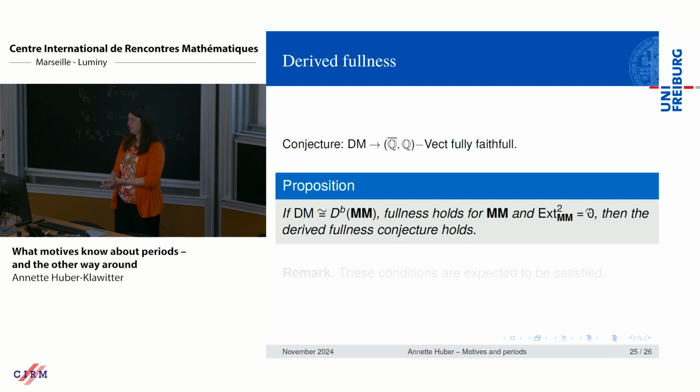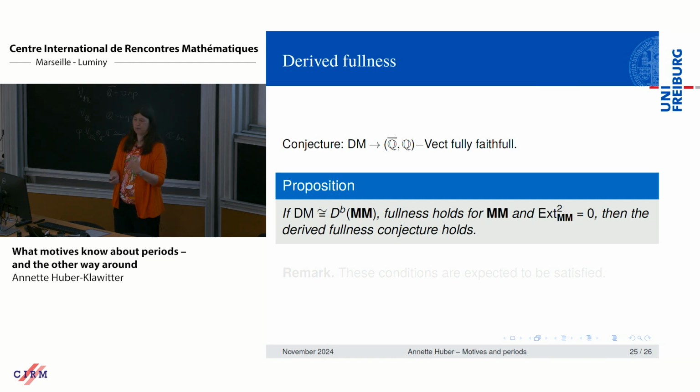You also need to know that in the true category of abelian motives, the cohomological dimension is 1. There aren't any Ext2s. When you do the computations, there's just a little bit more that you need, and you really need an assumption like this. You need to know that there's no Ext2 in mixed motives.